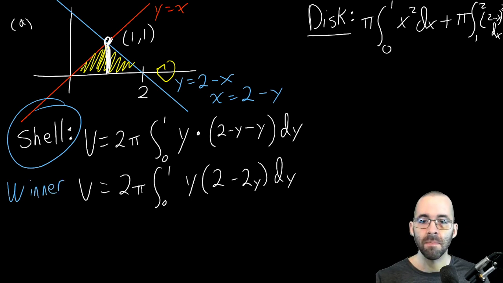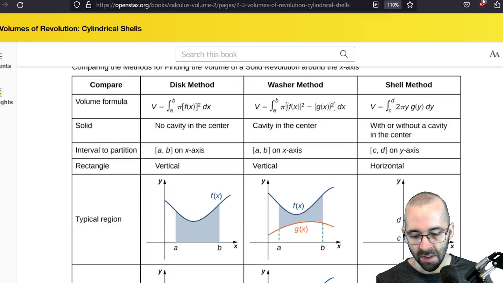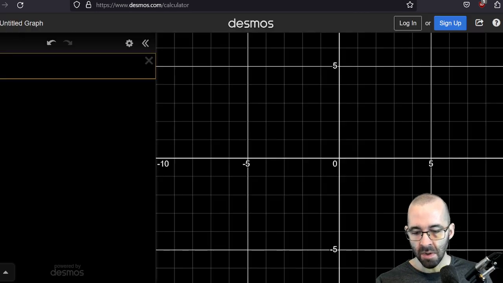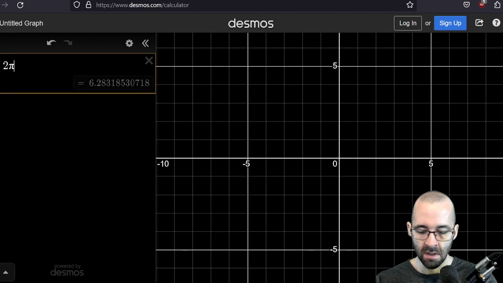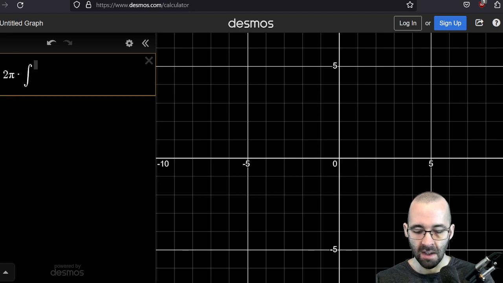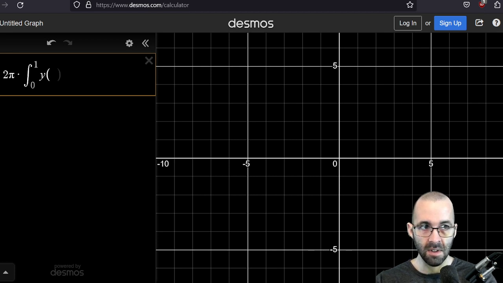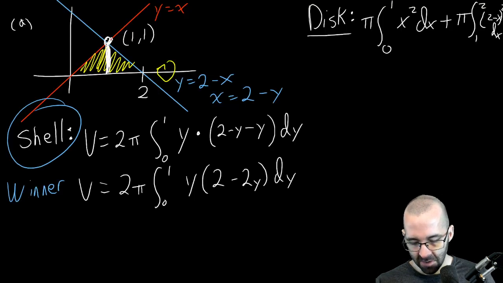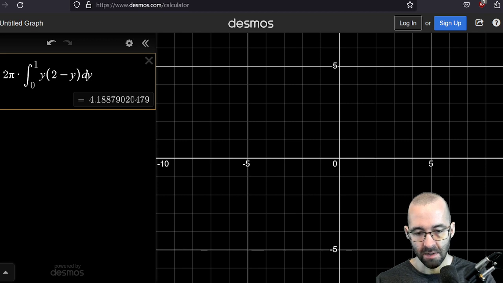You can use either. And one thing that I really want to always recommend you do is check your answer. Now, hopefully, you should have the same ones. y going from 0 to 1 of just y times, it was 2 minus y dy. Was this the integral? Oh, 2 minus 2y, because we had to subtract the functions.